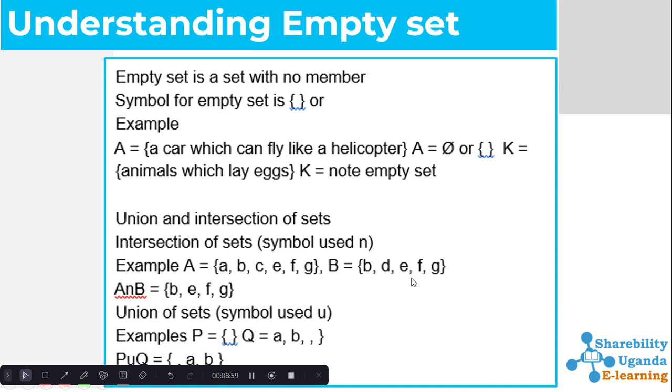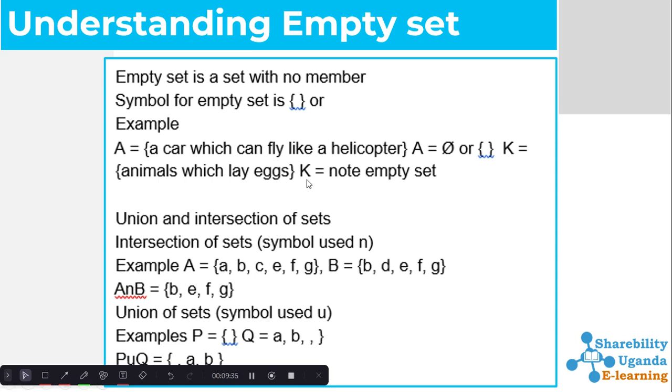So we said for us to identify these sets, we should be able to understand which members are of the same kind. When we identify these members which are of the same kind, then we can be able to know whether this is an intersection of sets or a union of sets. So let's try to identify the members within this.